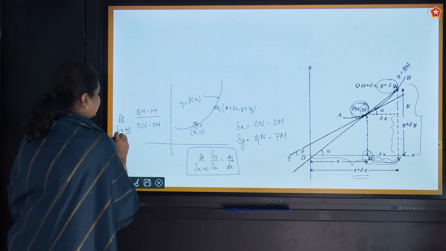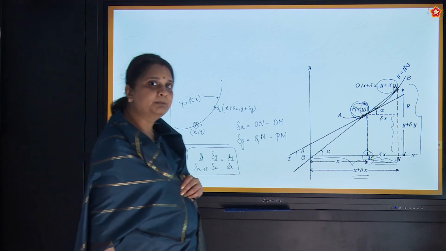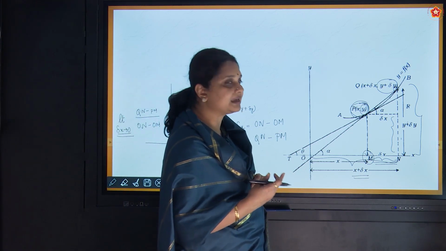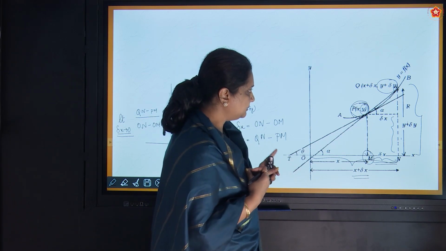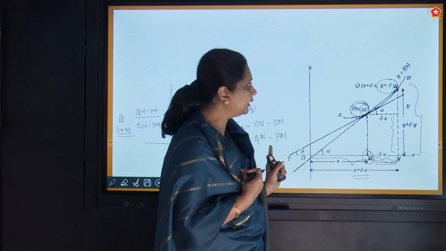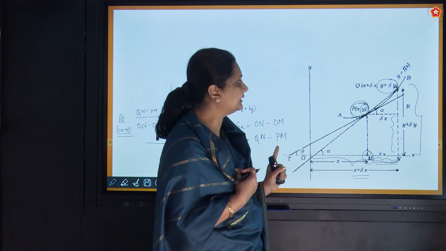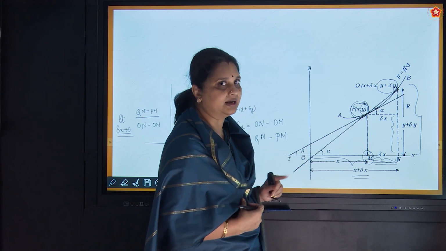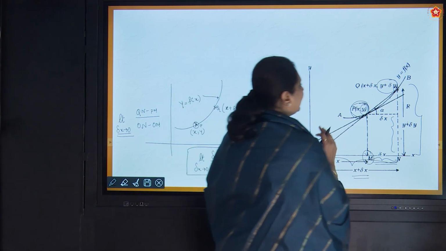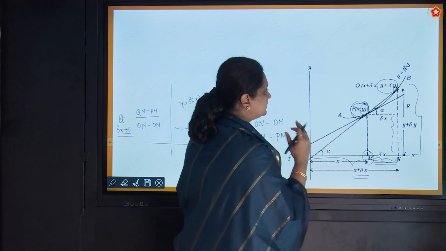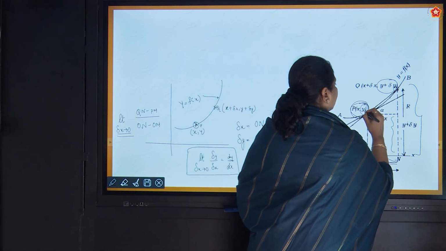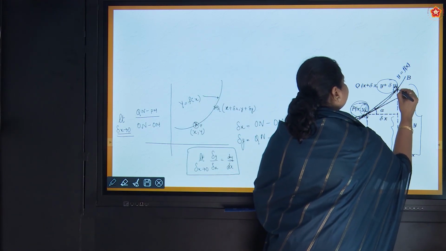Now what does this mean? Delta x tending to 0, meaning my delta x is 0. It means that I am not going to a neighboring point, but I stay at the point itself. Now let me explain it in a geometrical interpretation. I was talking about the distance PQ.